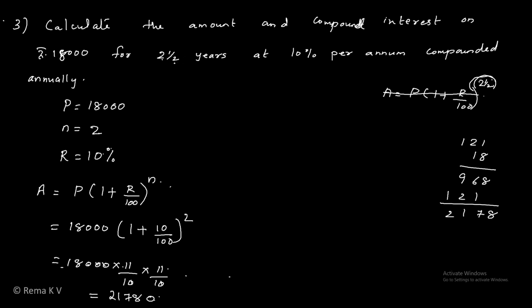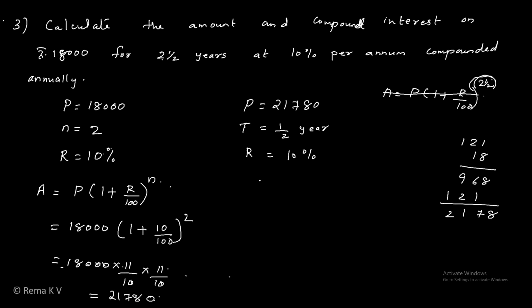Now we have to calculate the interest for another half year. So we have to consider this as the principal amount. P equals 21,780. Then T is to be taken as half year. R is to be taken as 10%.